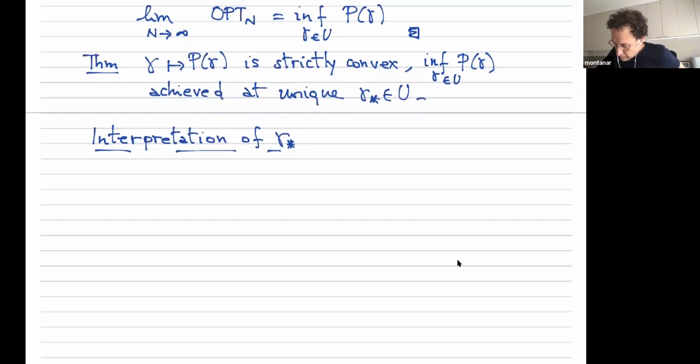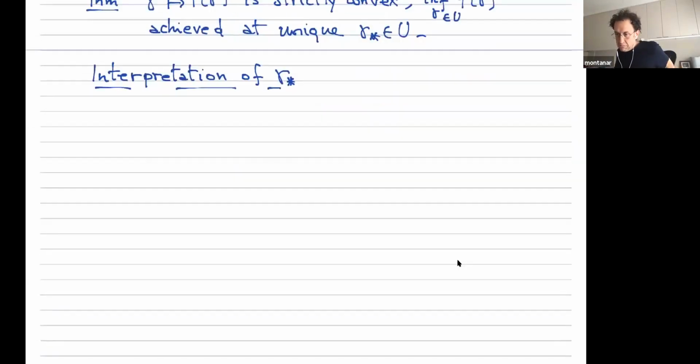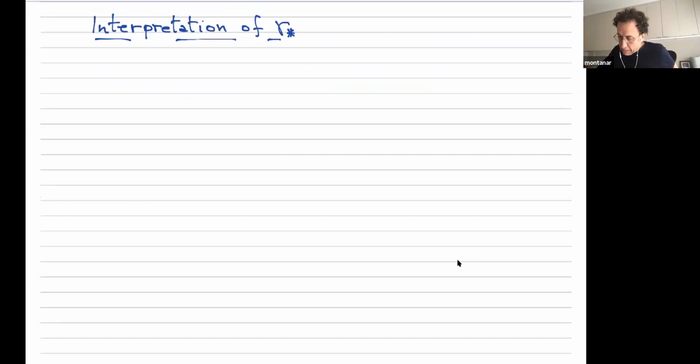Again, you can look at references for theorems. The interpretation of gamma is that, at a high level, it describes the structure of near optima of this function. And one way to think about it is to consider the Gibbs measure.